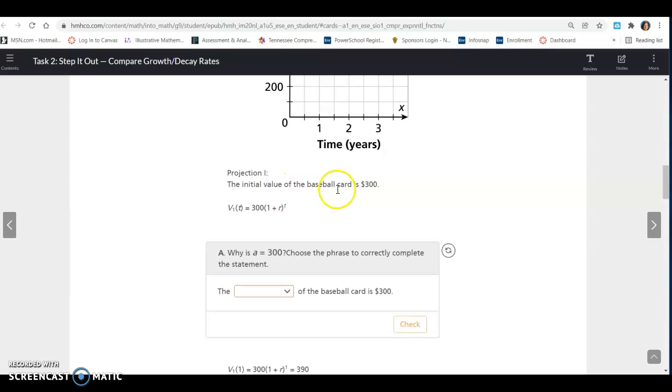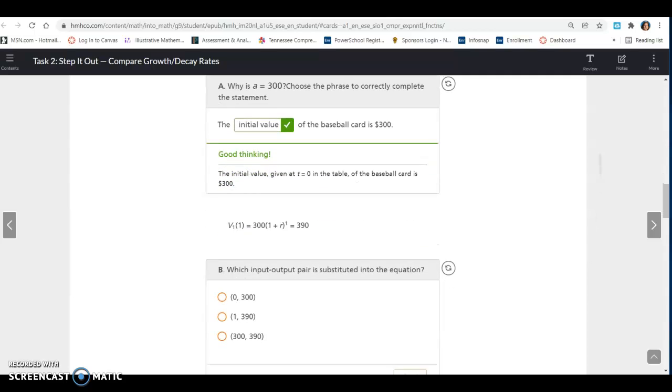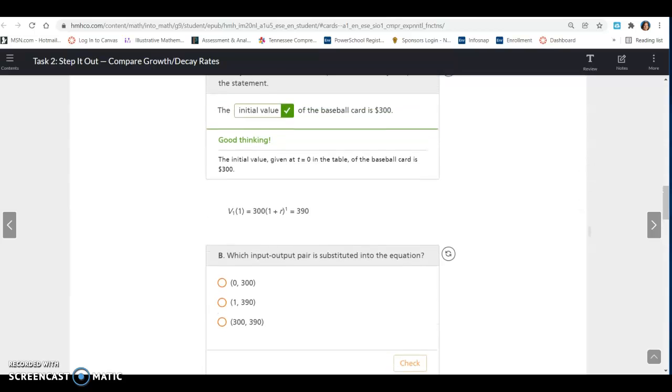All right, so let's compare the two. Projection 1 has an initial value of 300. So V of t equals 300 times 1 plus r to the t power. Why is A equal to 300? Choose the phrase to correctly complete the statement. All right, the initial value is 300, so that's why A is 300.